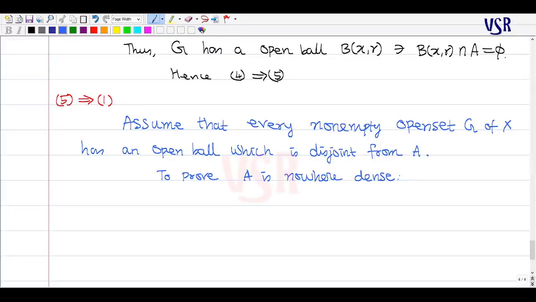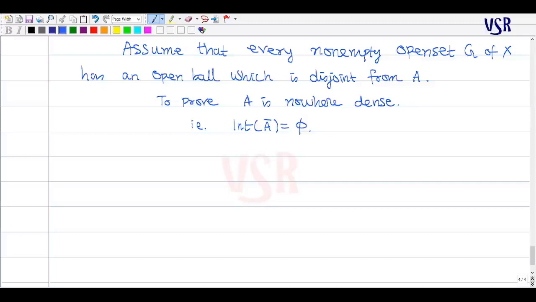Okay, that is to prove that interior of A closure is equal to empty னு proof பண்ண போறேன்.